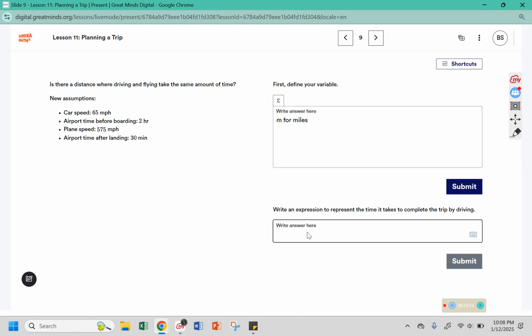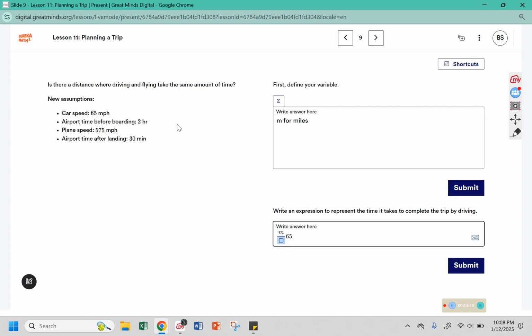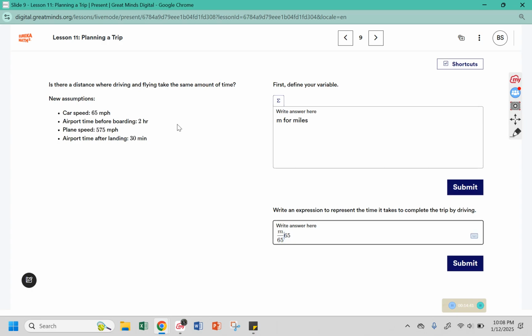So that way I can write my expression for the time it takes in the car. The car travels 65 miles per hour, so if I divide the number of miles I travel by 65, that will tell me how many hours it takes.